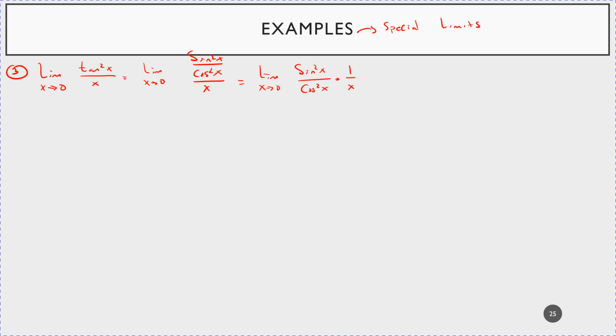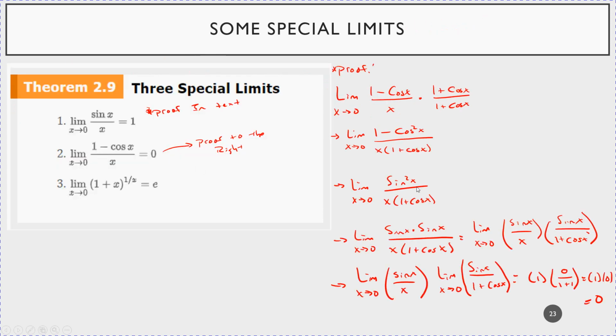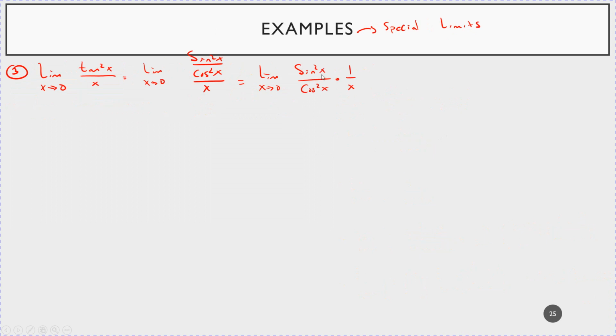All right, so look what happens now. You're going to do the same thing I did before, where you peel it apart, right? Notice, I know what sine of x over x is. So let me write this as the limit as x goes to 0 of sine of x over x times, and don't forget I still have a sine of x left, sine of x over cosine squared of x.